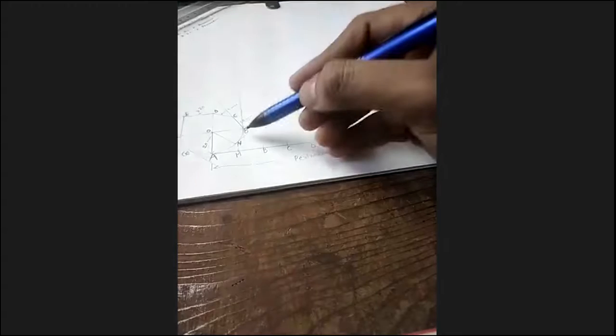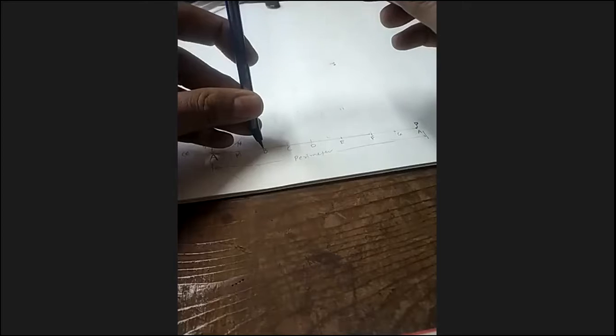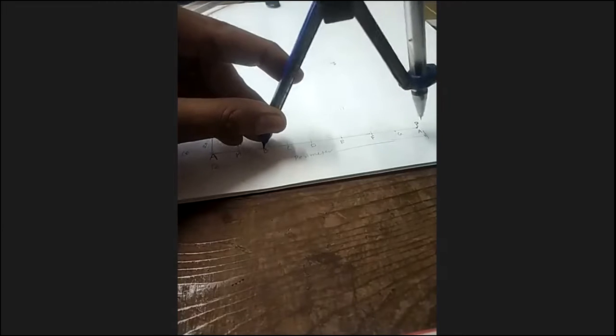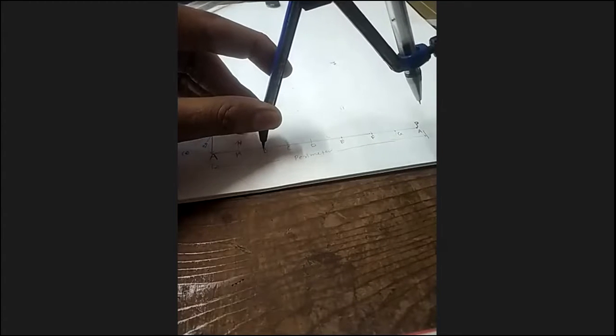Now, what is the next point? It is B. So we'll take B here on this horizontal line and take the distance up to the end of the thread. Pay attention to this. If the thread is small, you need to take that much distance. If the thread is long, you need to take that much distance.